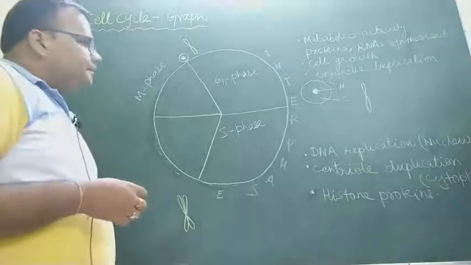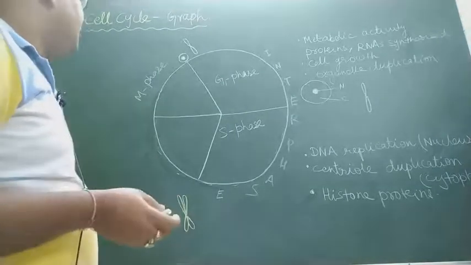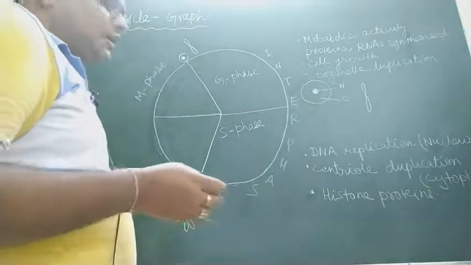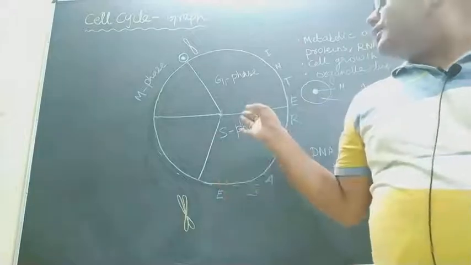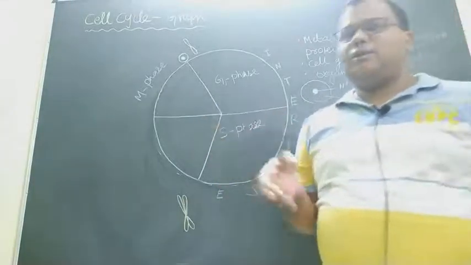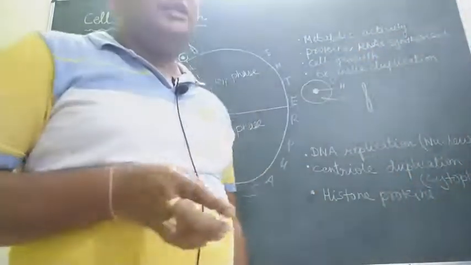So if we represent here the amount of DNA, let us make it very clear that the cell we are discussing is a human being, and it is a diploid cell. We human beings are diploid in nature.